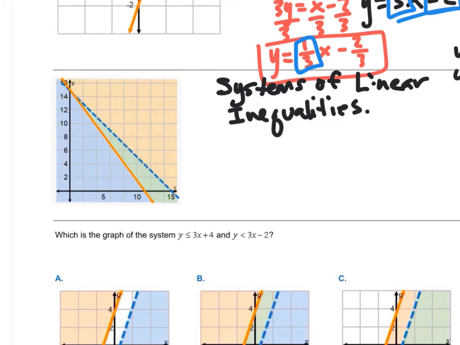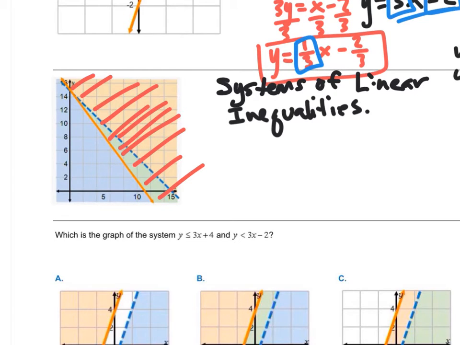All right? So what that means, if I have this equation here, this is where in Algebra 2 you shaded going this way, above the line. And then you have this part here where you would shade below.